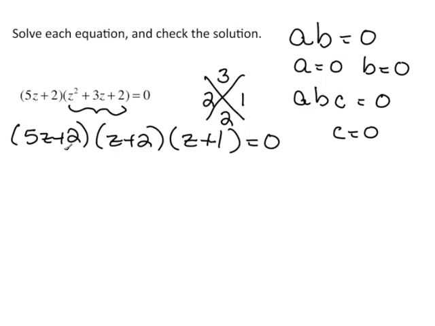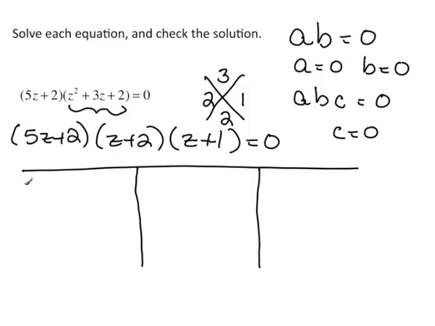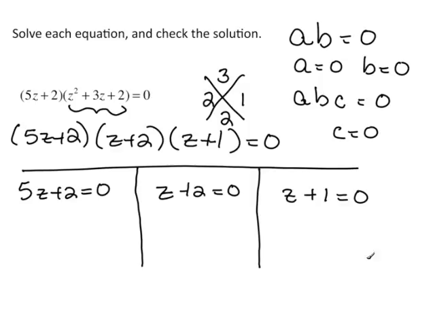So now that we have it factored completely and we have it equal to 0, we have to set each of the factors equal to 0 and then solve for the variable. So 5z plus 2 equal to 0, z plus 2 equal to 0, and z plus 1 equal to 0.